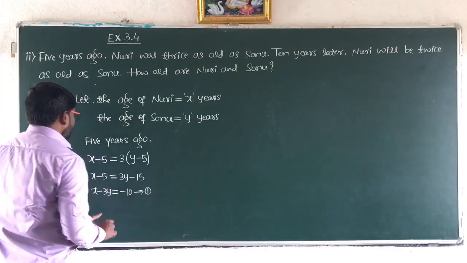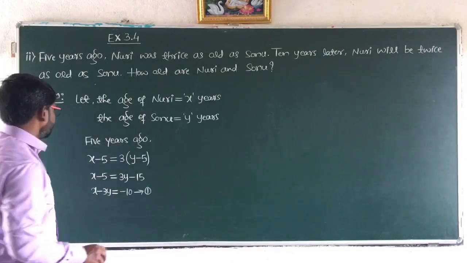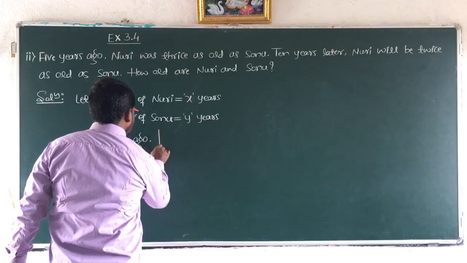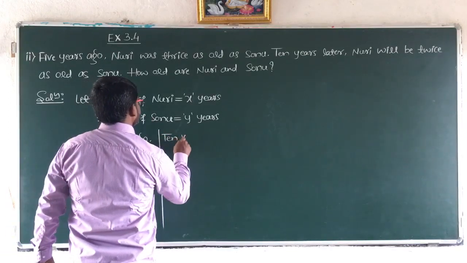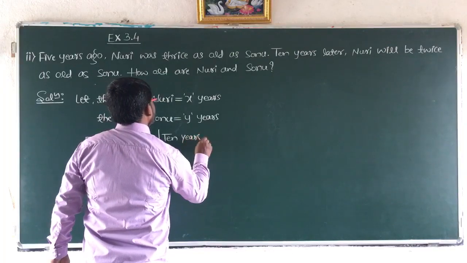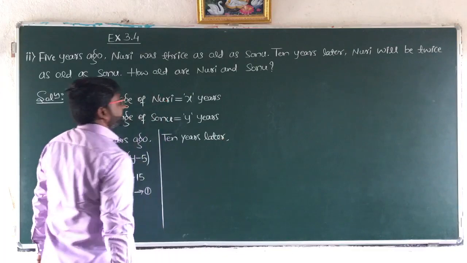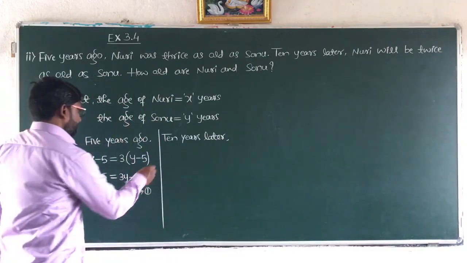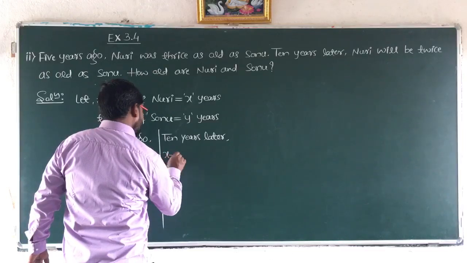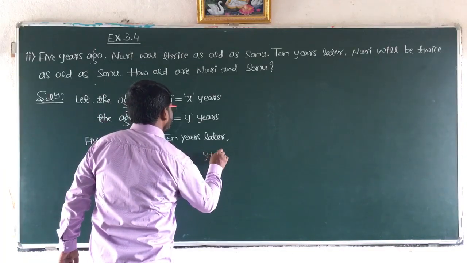Now I will go for the second case. What is the second case? It is 10 years later. So see here, 10 years later, that is after 10 years, x plus 10 and here it is y plus 10.